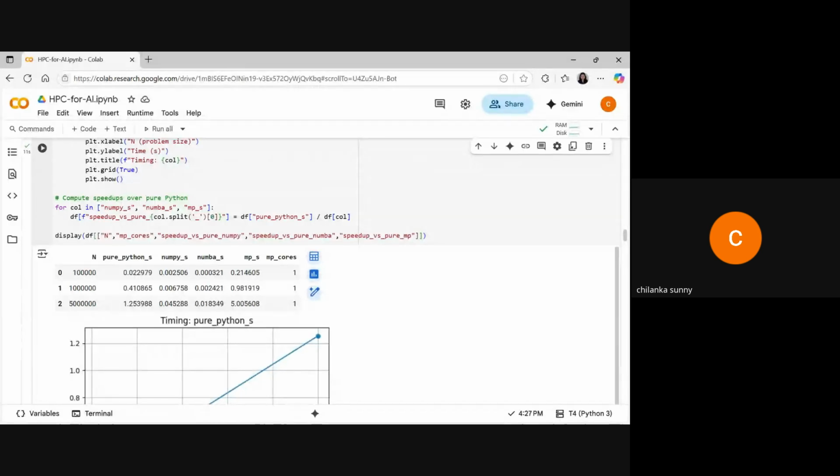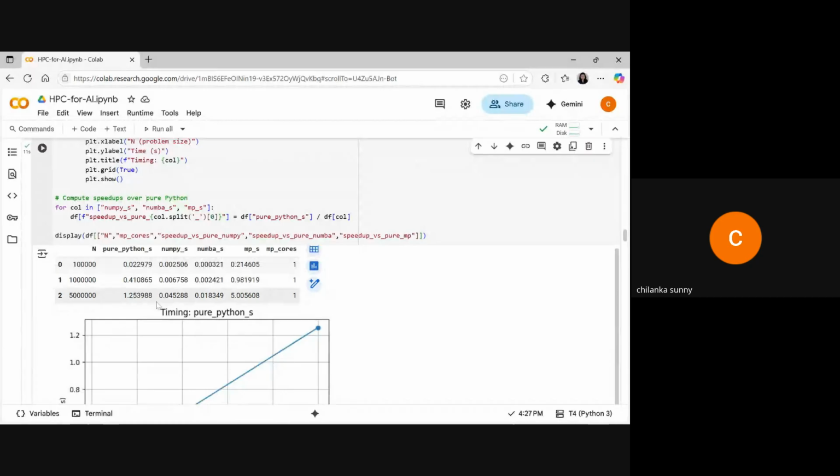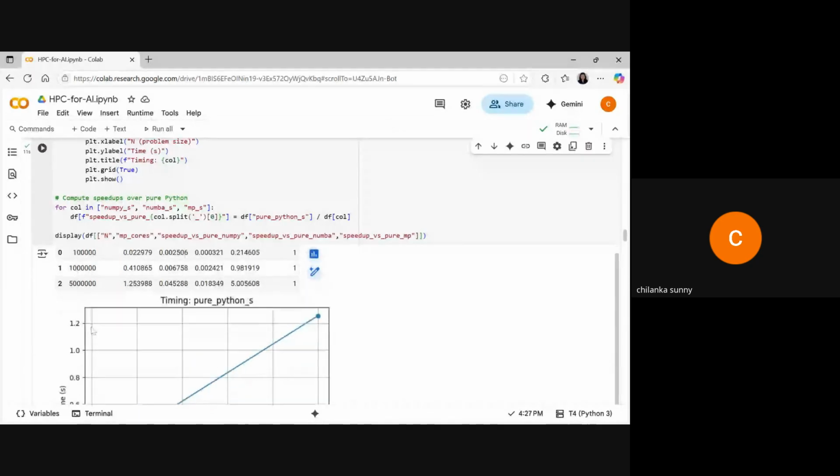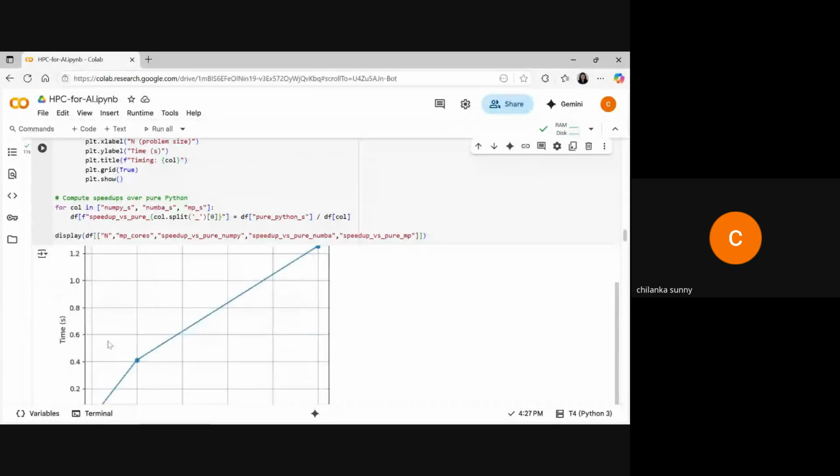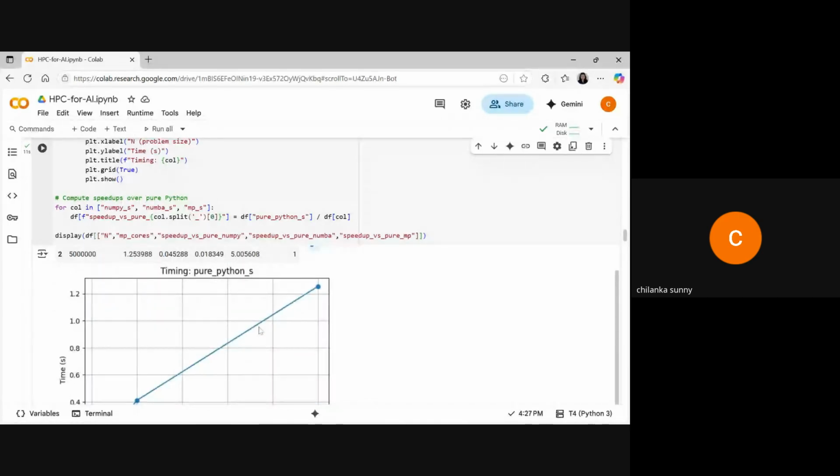We'll also see how that scales with the input size.